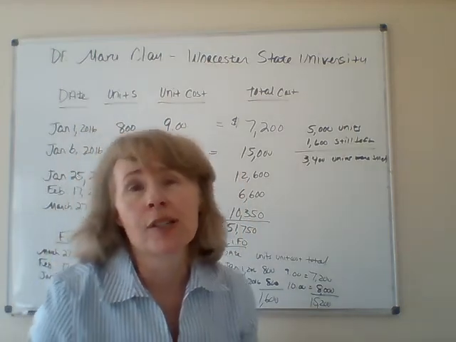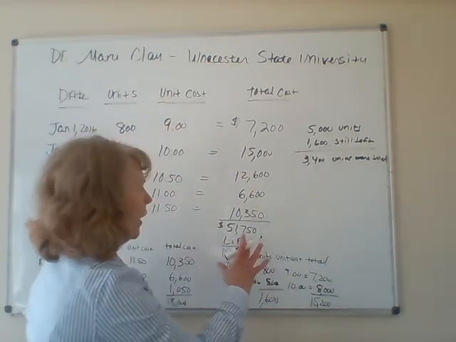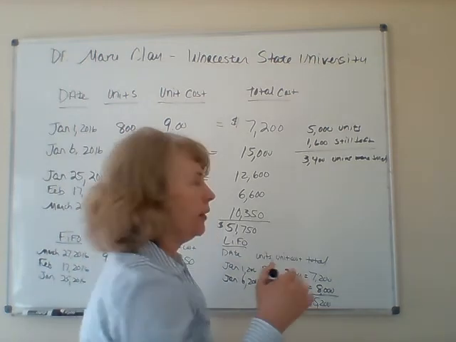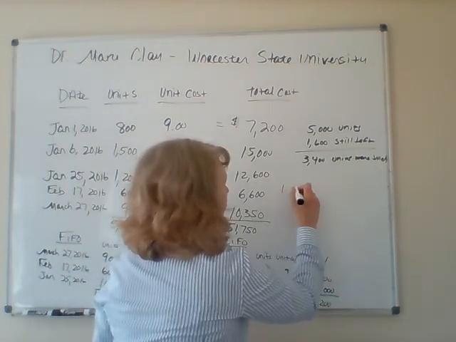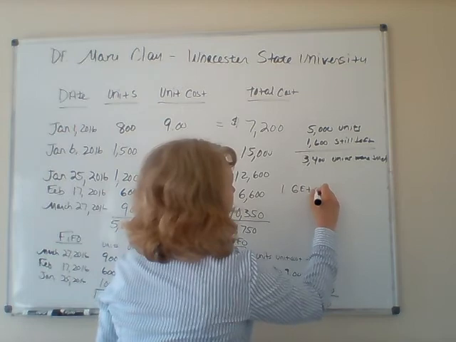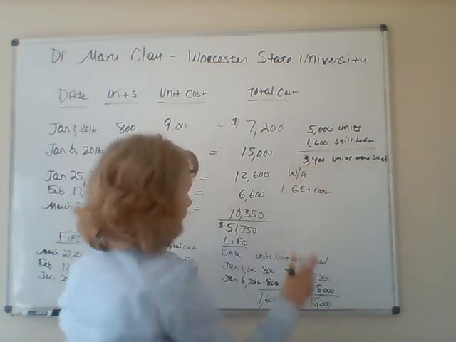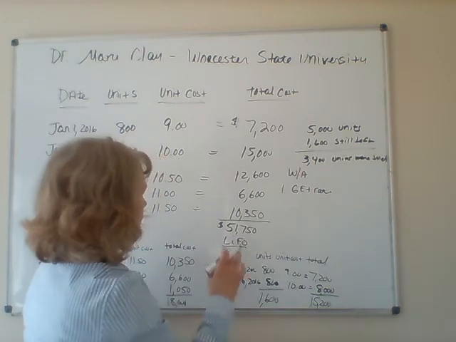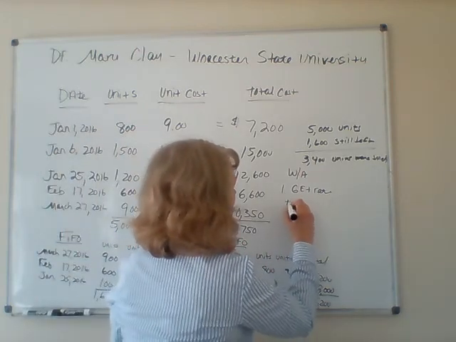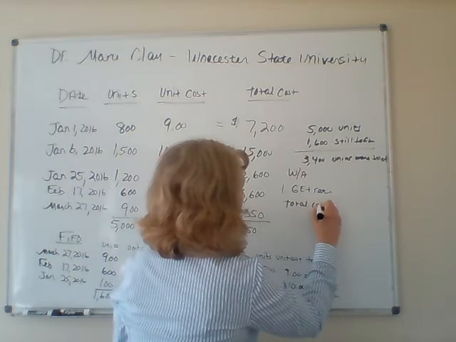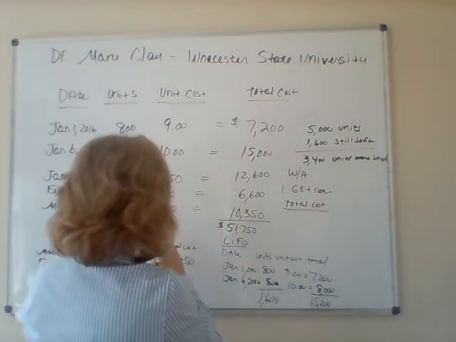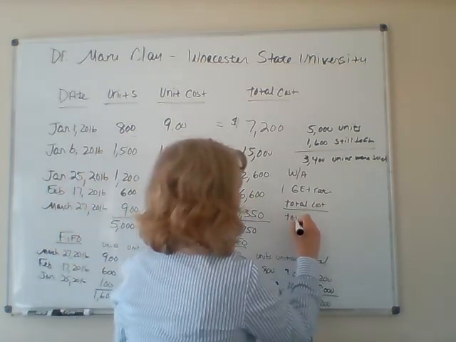Weighted average is going to be the easiest. Weighted average, step 1, get the rate. So I'm going to take the total cost and divide that by the total number of units.